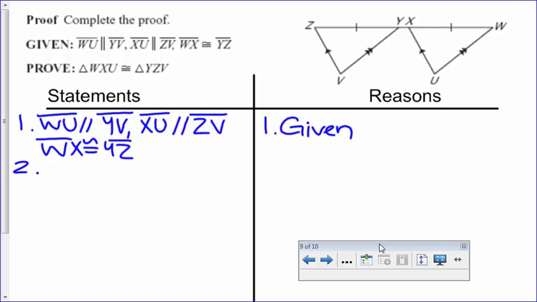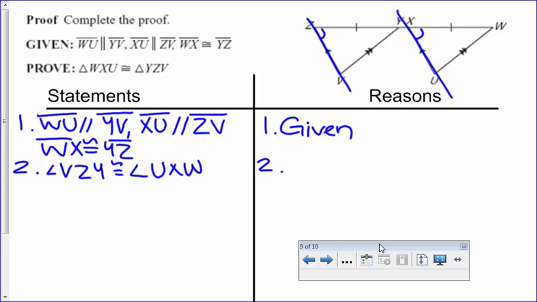And once again, they have parallel lines. So once we have the parallel lines, I hope you remember it's the angles that are attached to those. So we have angle, remember we mark it, rewrite it. Angle VZY is congruent to angle UXW. And hopefully you remember the reason.